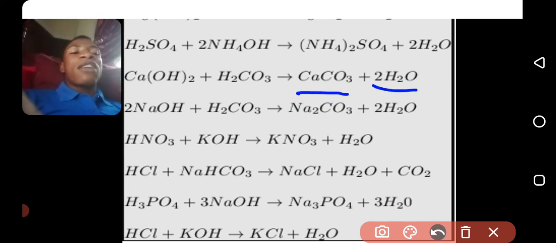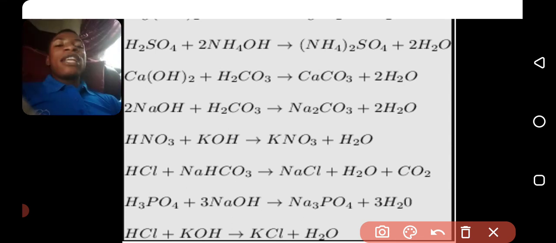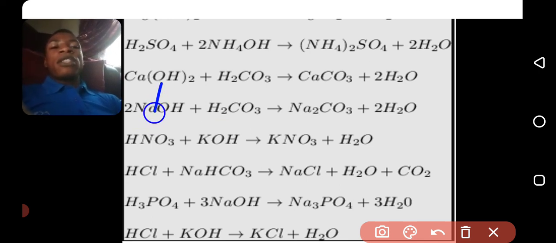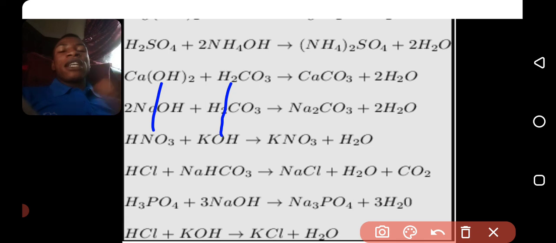Now let's look at another example here: NaOH and H2CO3. The first thing you do is split the NaOH into its components, Na and OH, then H2CO3 also into its components, H and CO3. Of course, you know what will be picking what now.